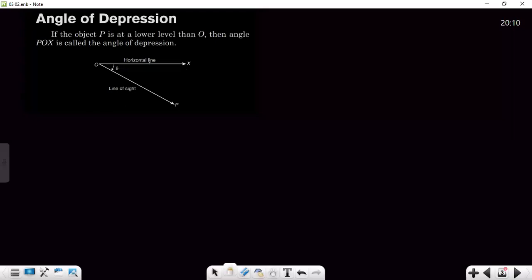And angle of depression is when the point of observation is below the horizontal line. So here, the angle made between the horizontal line and the line of sight, we will call the angle of depression, because this is below the horizontal line.